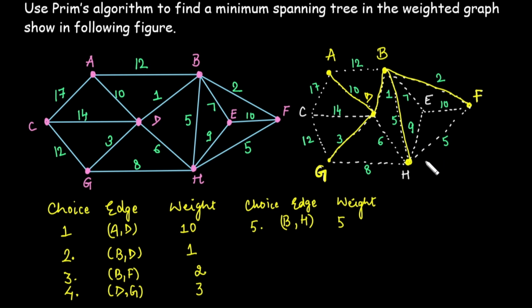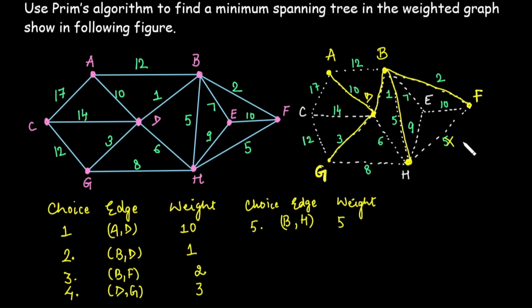Now the minimum weight over the dotted edges is again 5. Now think, can we include FH as a part of the tree? No. Why not? Because if we include this edge, it is creating a cycle, and a cycle cannot be a part of a tree, due to which we will discard this edge.